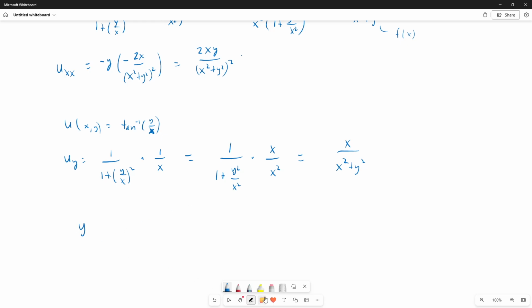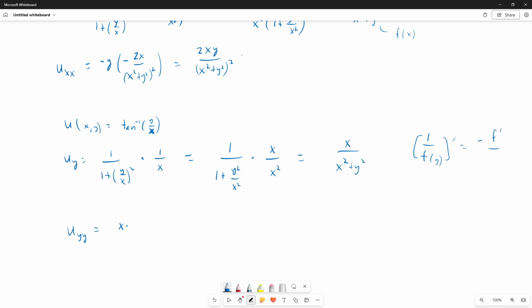And now u sub yy, the second derivative, pure derivative, not mixed, in y. So we have a constant x that just sits there, times, and then we have again 1 over f. This is f, and it's a function of y. So we want the derivative of this.